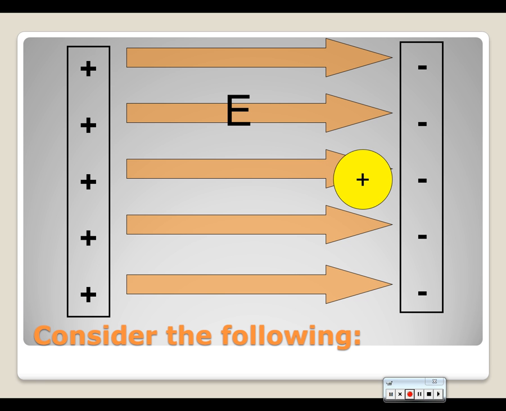As it goes to the right, what happens to its potential energy? It decreases. But what has to happen in response to that? Kinetic energy increases, right? Just like when we move something in the gravitational field. It's exactly the same idea, just a different kind of field. Okay? Good there?